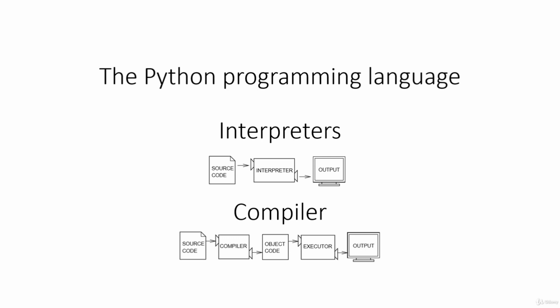Two kinds of programs process high-level languages into low-level languages. The first one is the interpreter, which I will show you in this slide. The second one is the compiler. An interpreter reads a high-level program and executes it, meaning that it does what the program says.